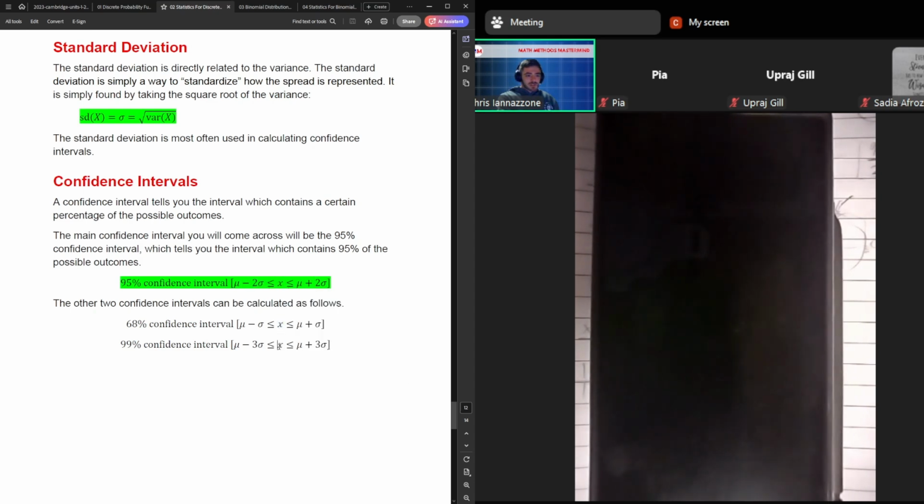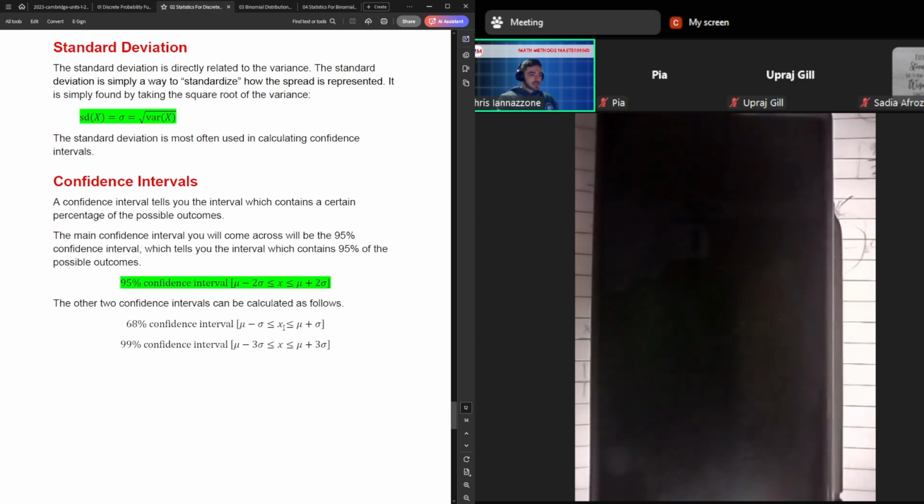You've got your x value, which is the outcome, and it's going to be between some number of standard deviations. So what standard deviation, what variance, all those things are, those are measures of spread. It basically tells you how far apart your probability is distributed.